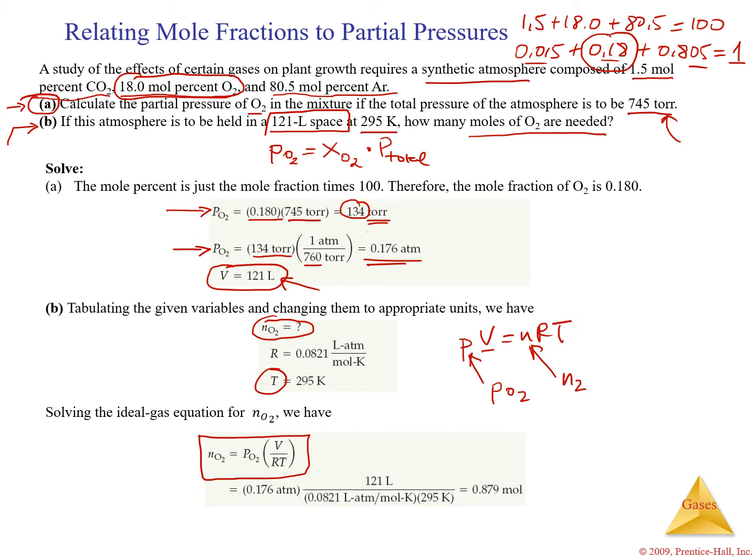Remember, the partial pressure of oxygen was already calculated here in torr and here in atmosphere. Because we want to use our familiar R with the units of liter and atmosphere for volume and pressure, we use the number for partial pressure in atmosphere.